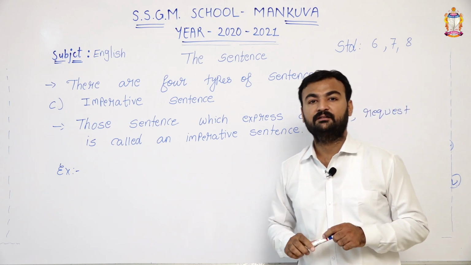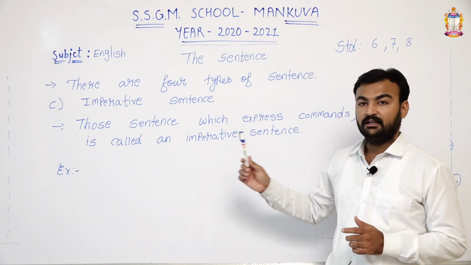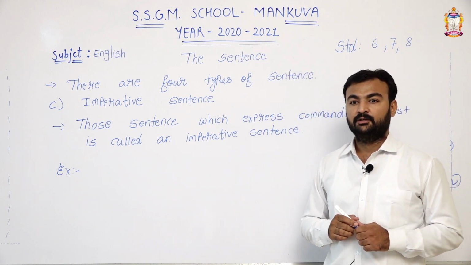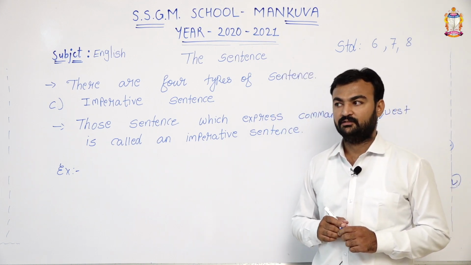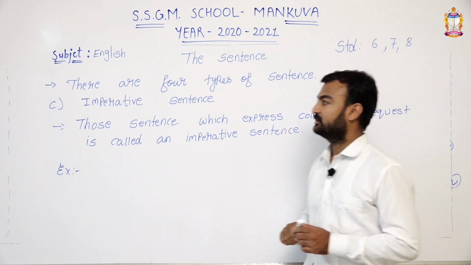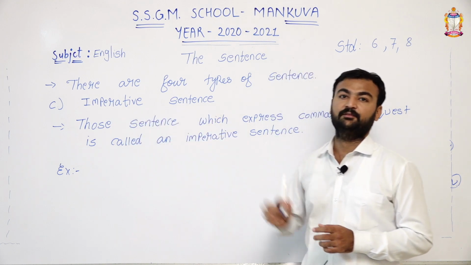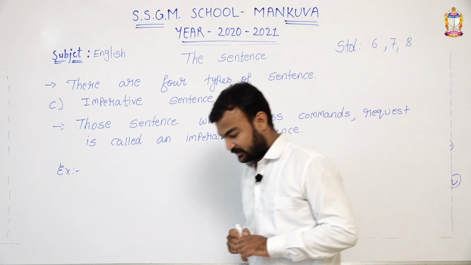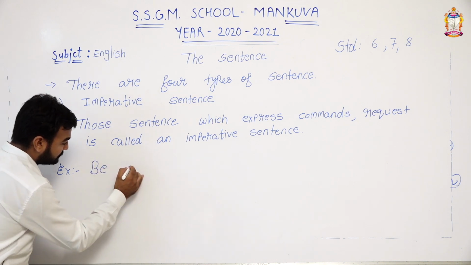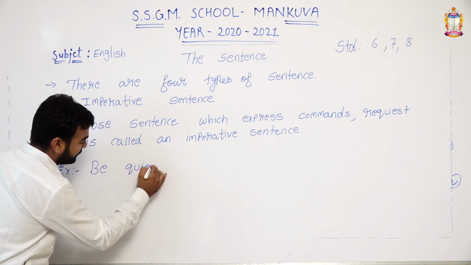For example, let's say I am giving a command to a student: keep quiet. So over here I am giving a command, so this sentence is known as an imperative sentence. For example, be quiet.